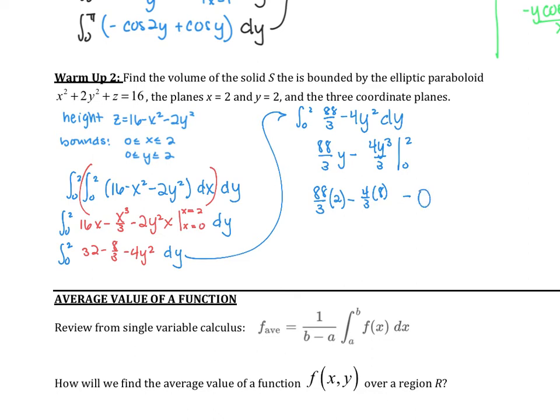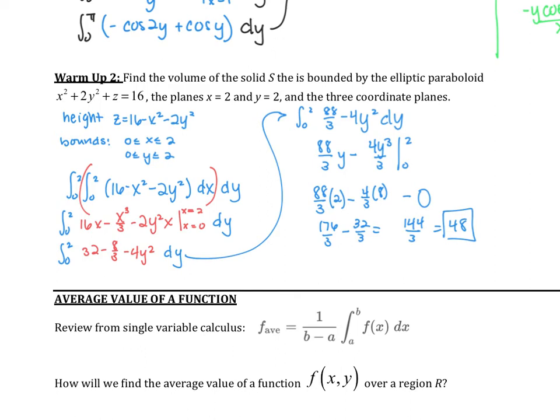We'll just minus 0. 176 over 3 minus 32 over 3. We get 144 over 3, which means that the volume under the surface, that elliptic paraboloid, between the planes, if we look at the region, the planes x equals 2, y equals 2, and the 3 coordinate planes, is 48.